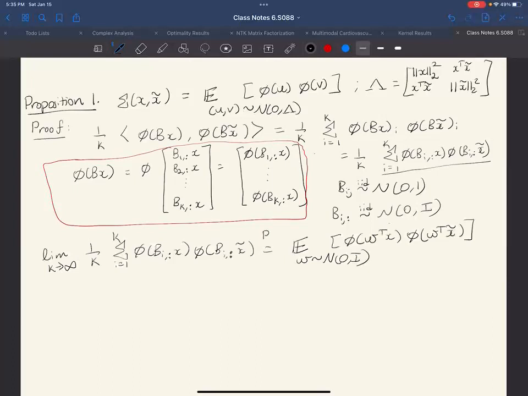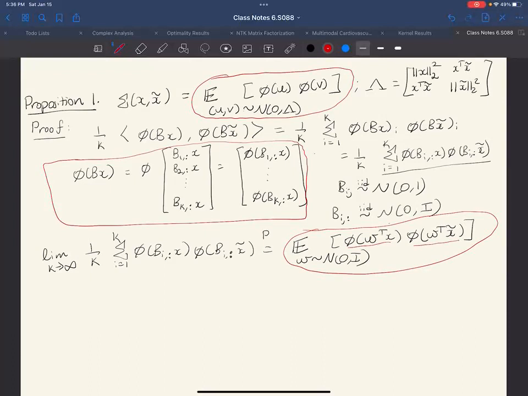Okay. So now we're getting close. If you look at the proposition, we have an expectation here, and we also see that we have a phi of W transpose x, phi of W transpose x tilde, and we need a phi of U, phi of V. So here's now the best trick. Of course, we just substitute and define U and V to be the things that we want.